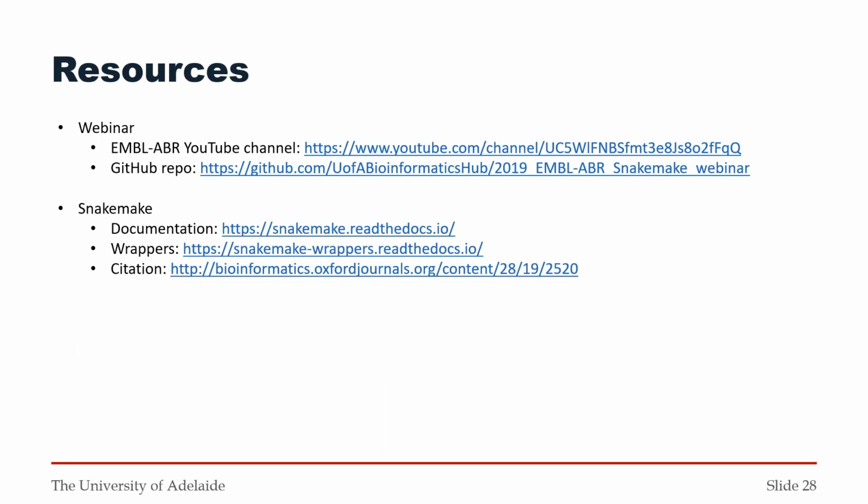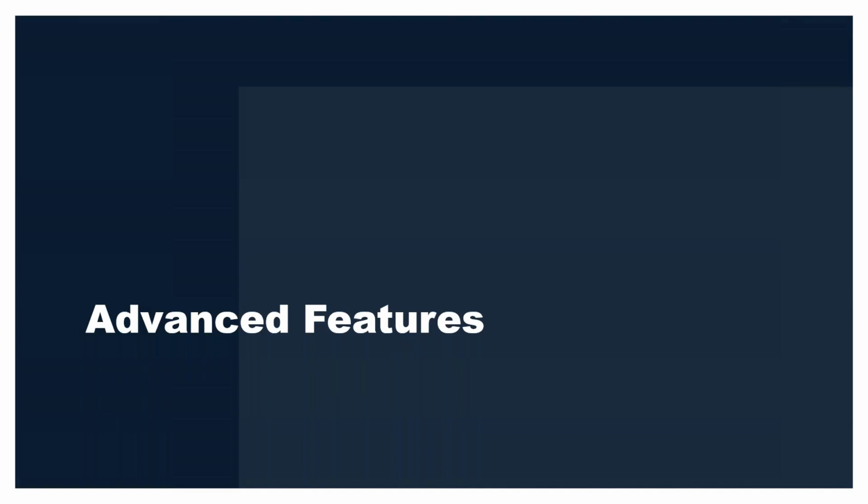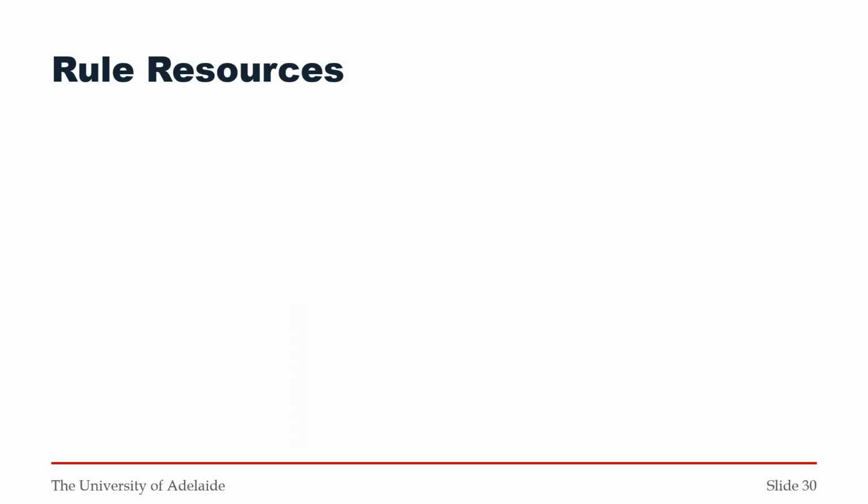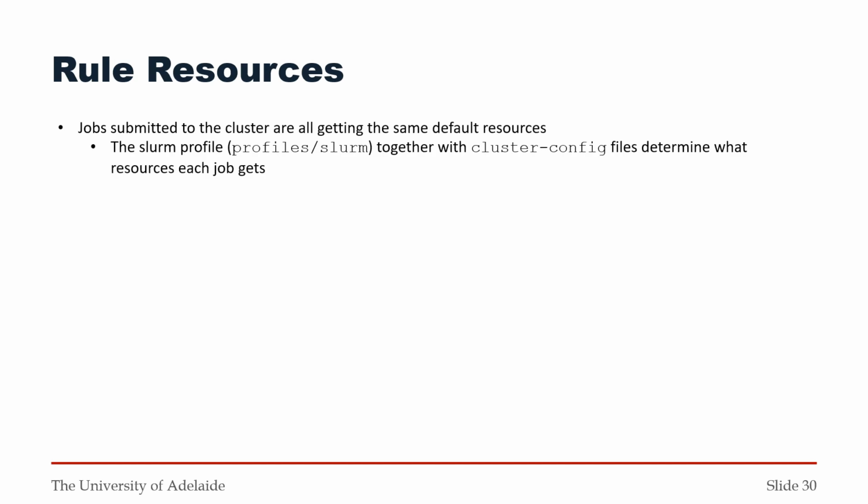I'm going to advance on to some more advanced features, because we have about 15 minutes. I'm going to talk about rule resources, because I think this is a really nice way that Snakemake allows you to specify what resources each rule requires, and having that information pass through to Slurm so that each job can be customized for its resources.